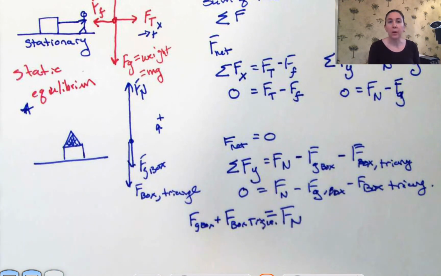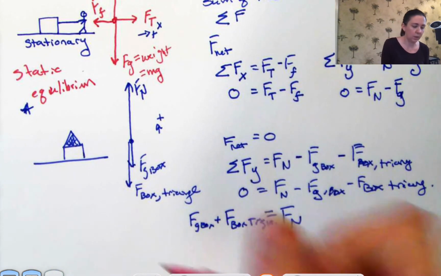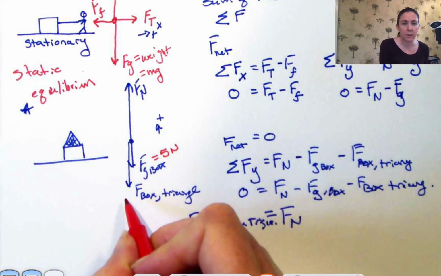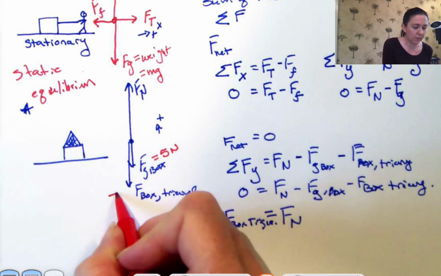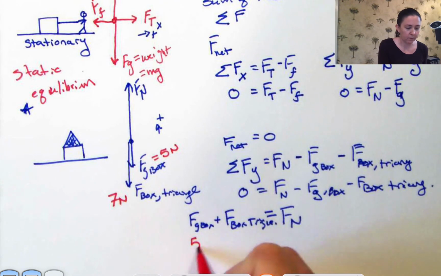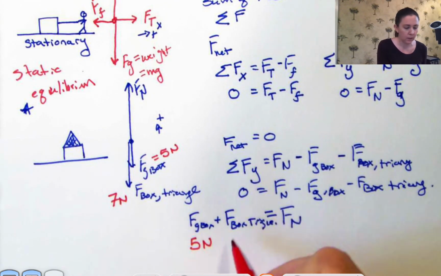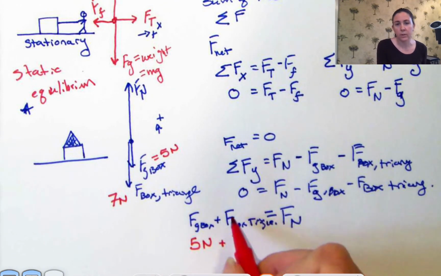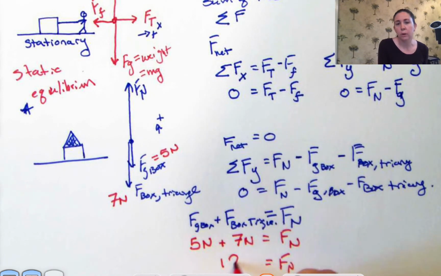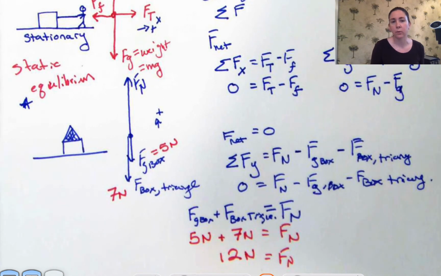Now, if we were to put numbers in this, let's say the force of gravity on the box is 5 newtons, and the force on the box by the triangle is 7 newtons, then we would know that the normal force has to be 5 newtons for the force of gravity on the box, plus 7 newtons for the force on the box by the triangle. So that normal force is going to be larger. That normal force in this case will be 12 newtons, not just 5 newtons, not just equal to the force on the box by the Earth.